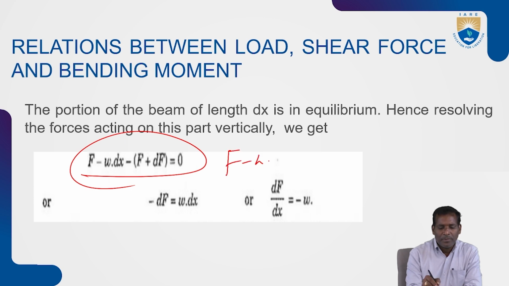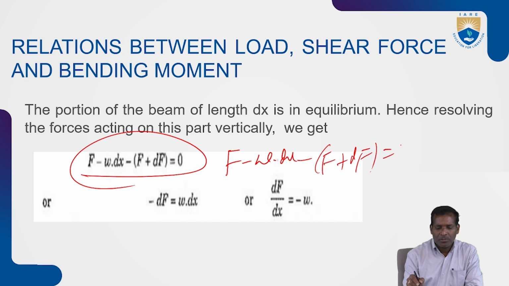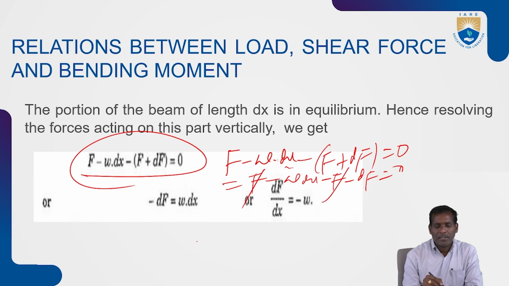So expand this one: F minus W dx minus F minus dF is equal to 0. So F gets cancelled here. The remaining one is W dx equal to minus dF.